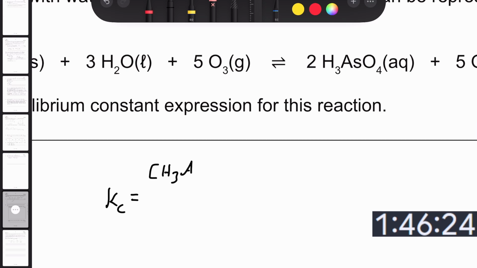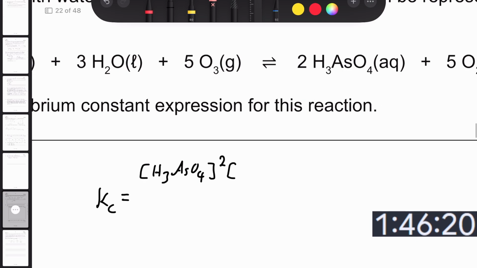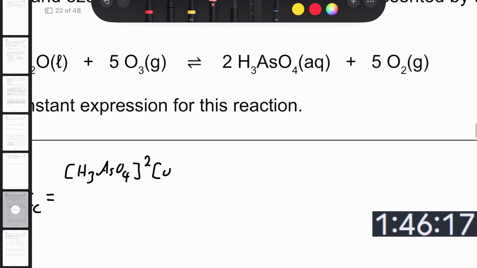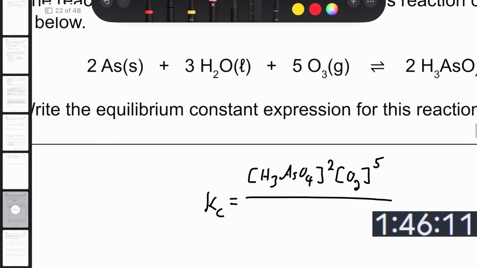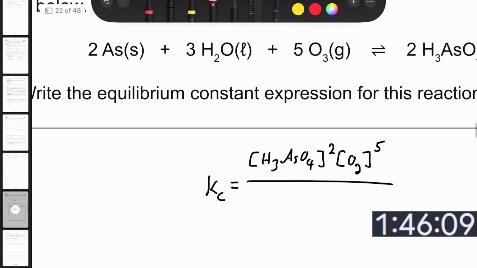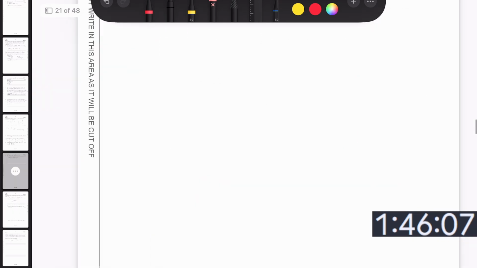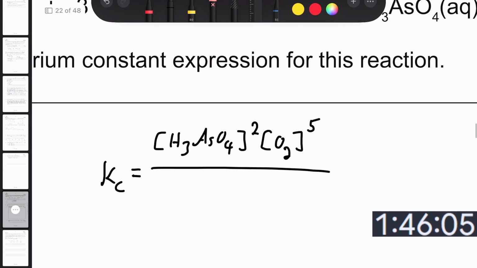So H3AsO4, we need to be squared, times O2 to the power 5, all over. We don't include water or the arsenic, so we only need to include the ozone, O3 to the power 5.